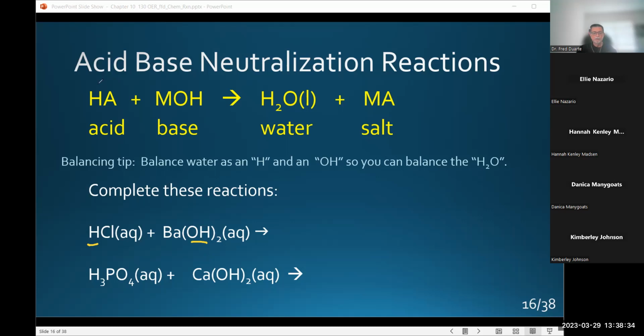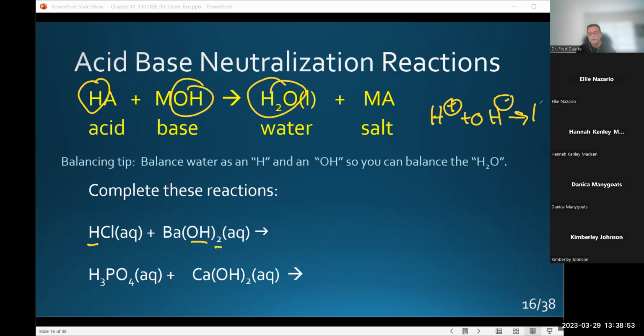All right, so we know that the proton will react with the base to form the water. Now note here with barium hydroxide, there are two hydroxides. So the net reaction between the proton and the hydroxide is a 1-to-1. Okay, remember that. I need one proton and one hydroxide to give me one water.